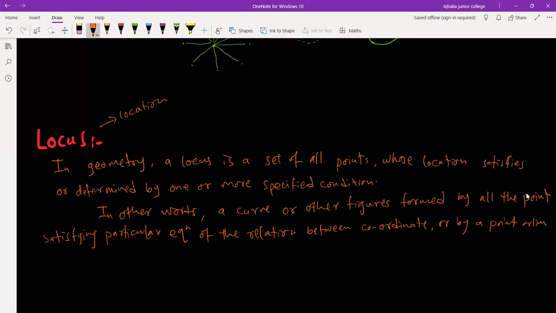Boys, here we have two types of definition of locus. Either you can define it in this way or in that way. A figure that satisfies the equation, or an equation that defines the figure. So by both definitions, you can define the locus. So, the definition of locus, have you understood?